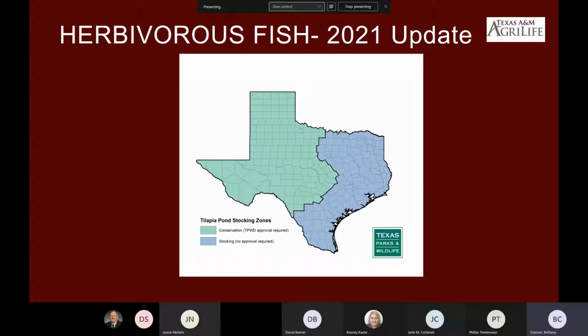That means you're only going to go through an administrative review rather than a review by a biologist and a pond inspection. Again, this just fast tracks the process, but you still have to make sure that you are putting up that escapement barrier, because escapes are still going to be illegal, of course.